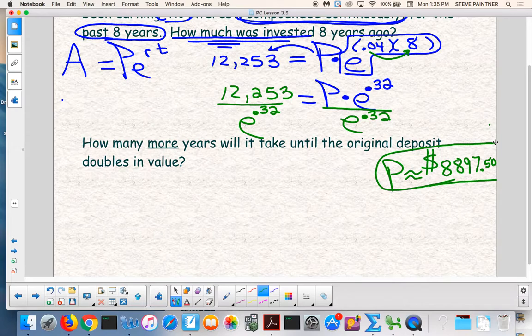Listen to the second part. How many more years will it take the original deposit to double in value? You did this on your worksheet. Should be easy. Go. Double that initial investment. This is the initial investment, right?